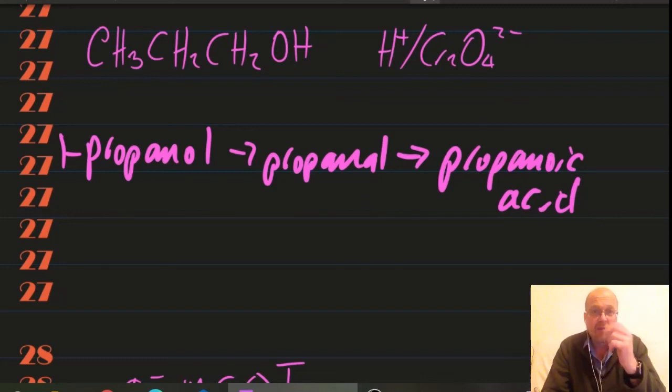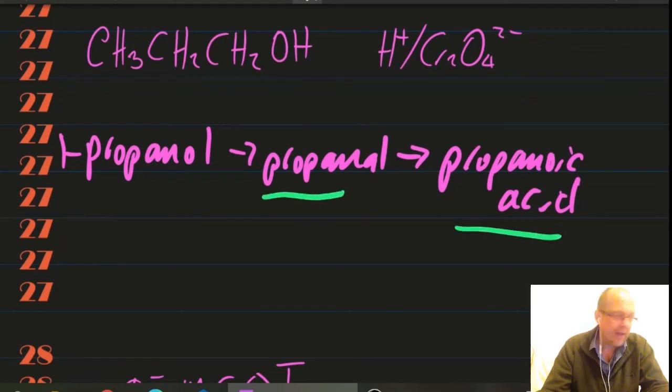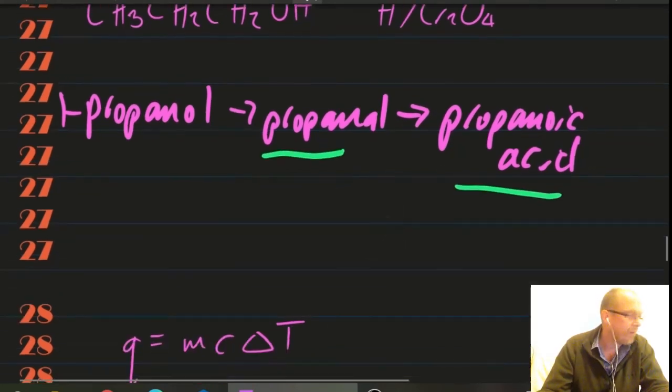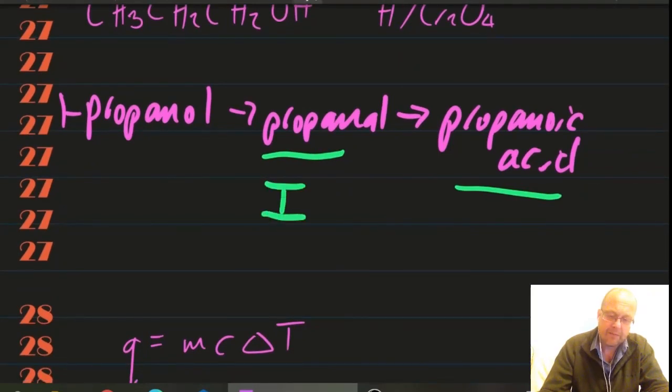You drink ethanol, it metabolizes into ethanal, you get a hangover and your wee smells. And then your body metabolizes that into ethanoic acid, which sounds dangerous, but it isn't. Vinegar. So I just have to look for propanal and propanoic acid. Well, propanal is number 1, and propanoic acid is number 2. So it's 1 and 2. So that's A, 27A.